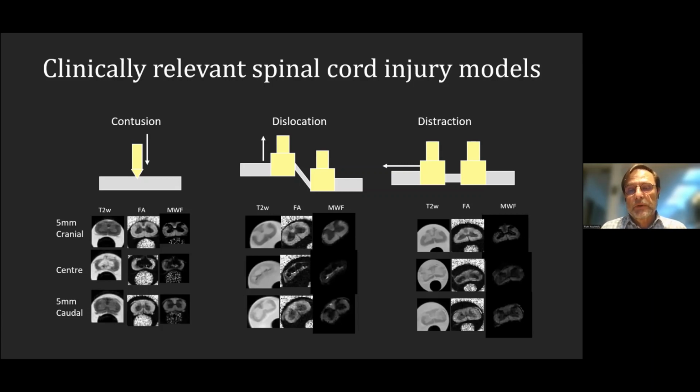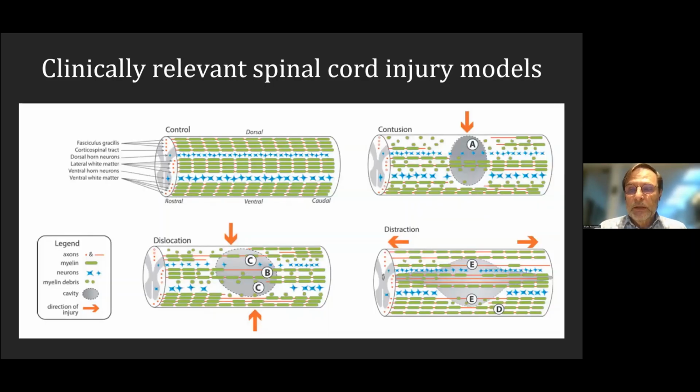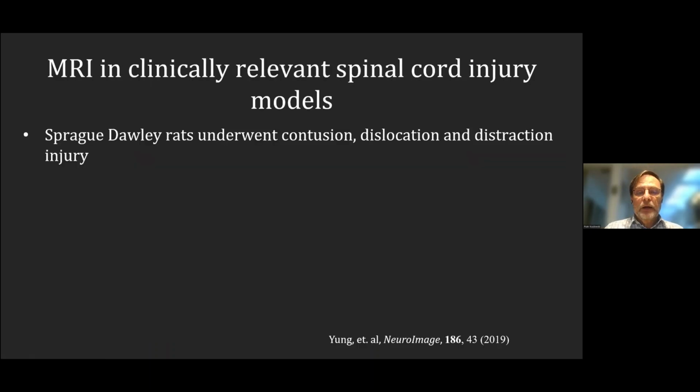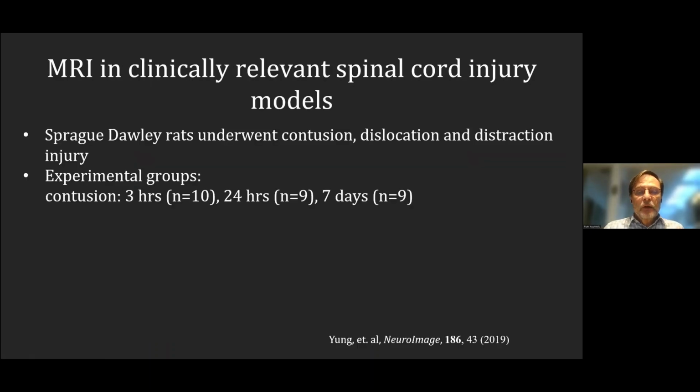And distraction is where the two vertebrae are pulling apart and stretching the cord. So that's the type of injury that is happening both to myelin and to the axons as a result of that.